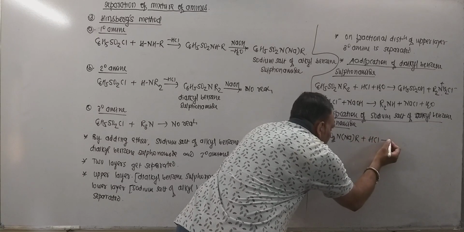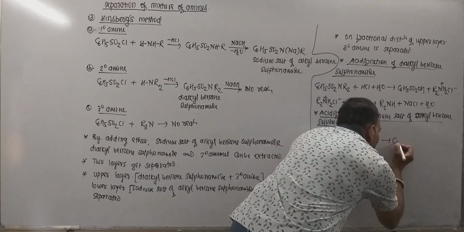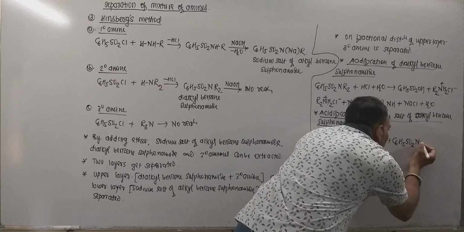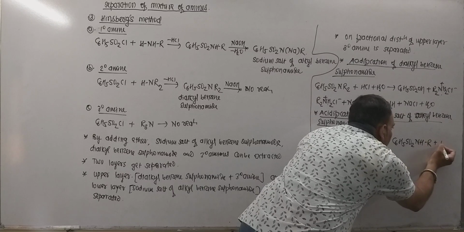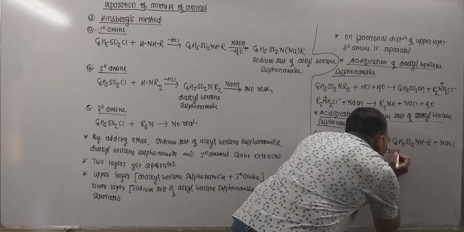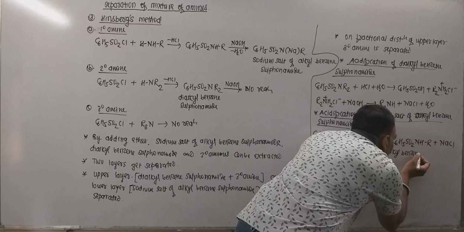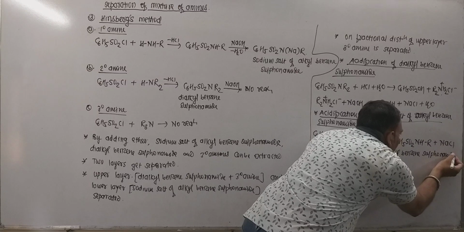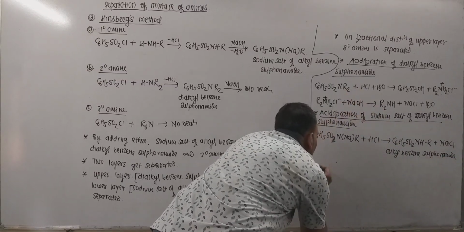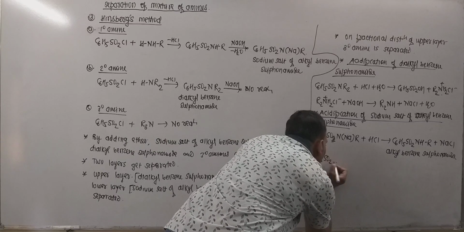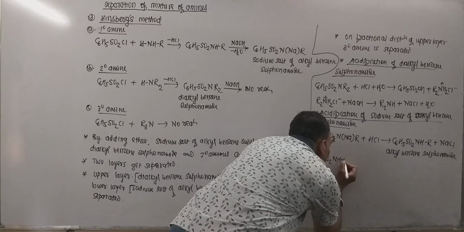Upon acidification, first of all this gets converted into alkyl benzene sulfonamide, C6H5SO2NHR.